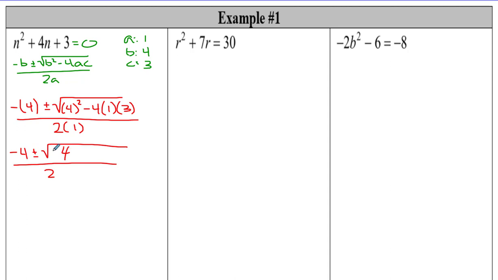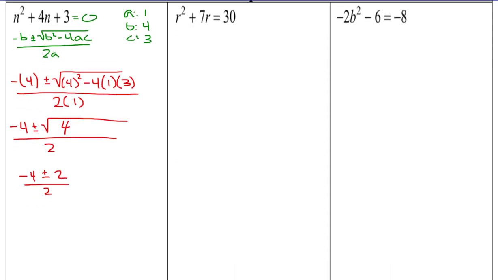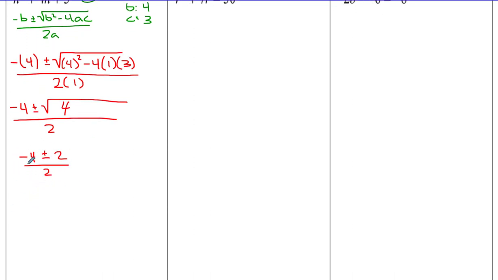In this case, we have a nice, easy number to square root, so let's go ahead and do that. We got a negative 4 plus or minus the square root of 4, which is a 2, and this is all over 2. And then now we want to simplify to get our 2 solutions. On one case, I'm going to have a negative 4 plus 2 all over 2.